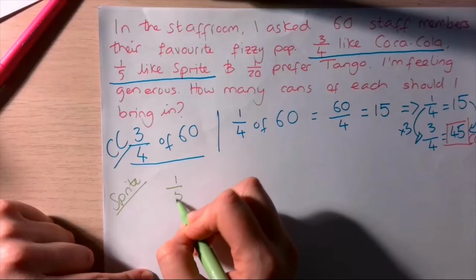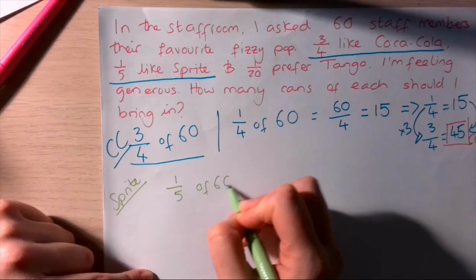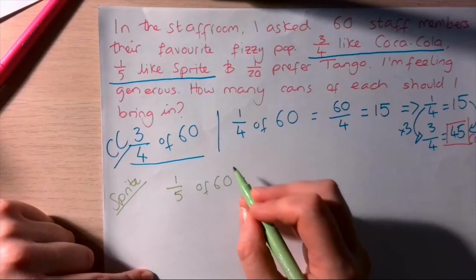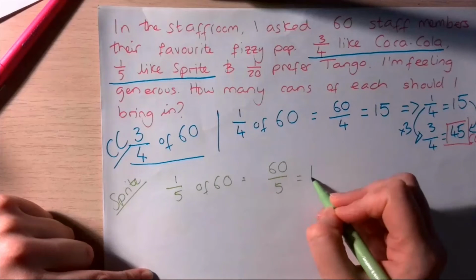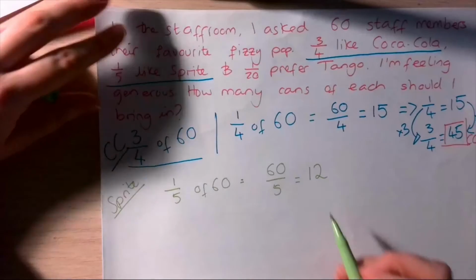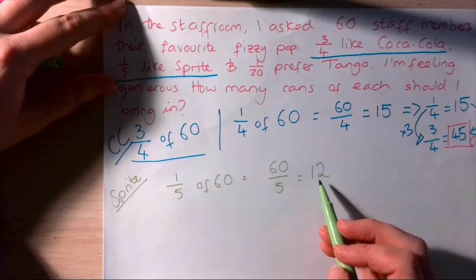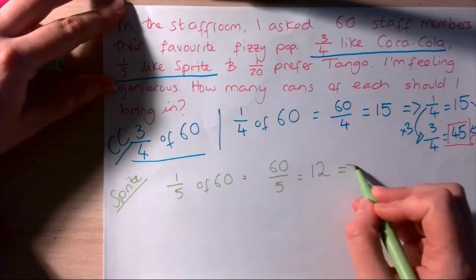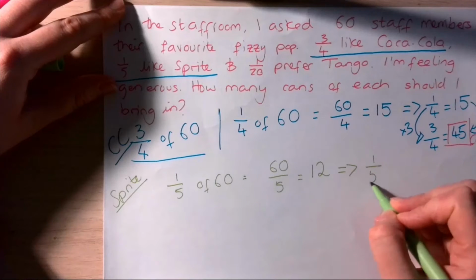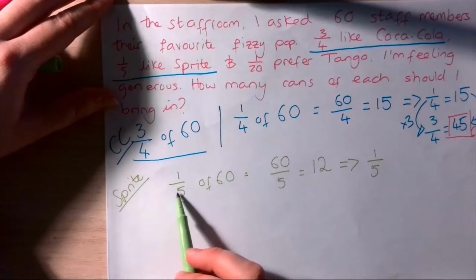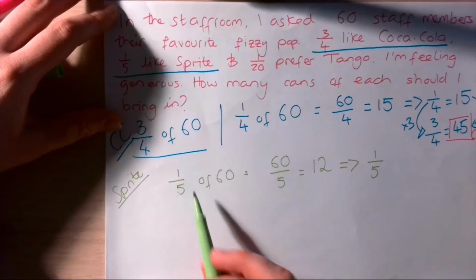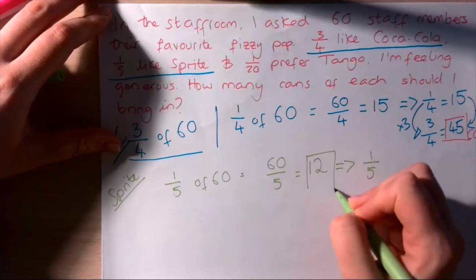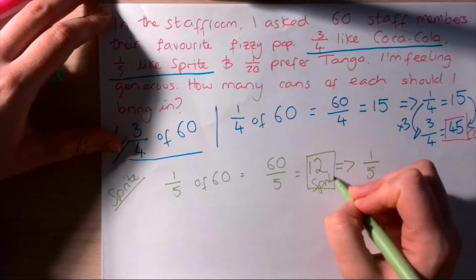So 1/5 of 60 is found by doing 60 divided by 5, which is 12. So we've got 12 gives us 1/5. And actually that's what we needed to know. We're not looking for 2/5 or 3/5 or anything like that, we're actually looking for 1/5. So we've got 12 cans of Sprite.